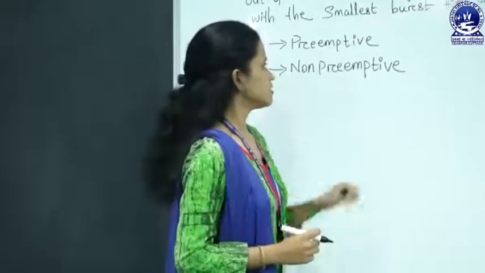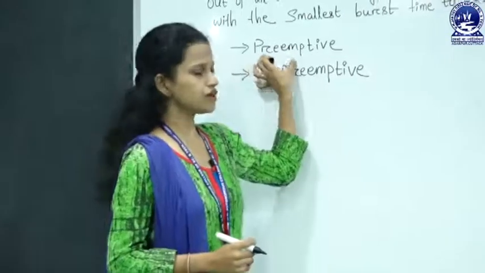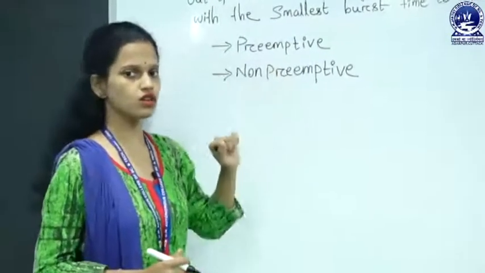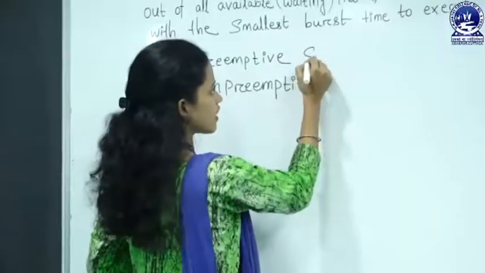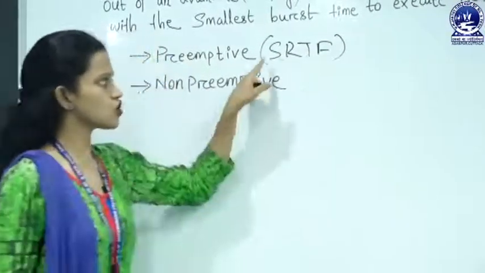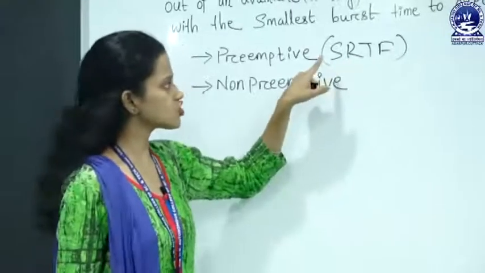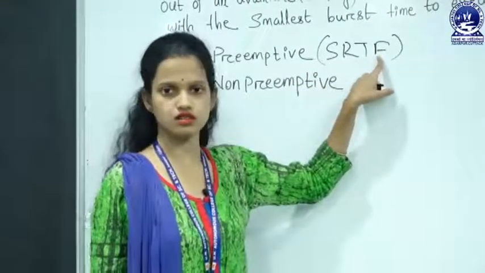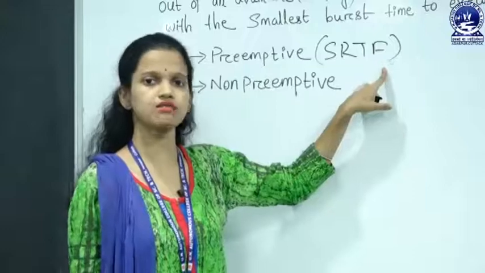The preemptive version of this algorithm is called SRTF, or shortest remaining time first, or shortest remaining time next.